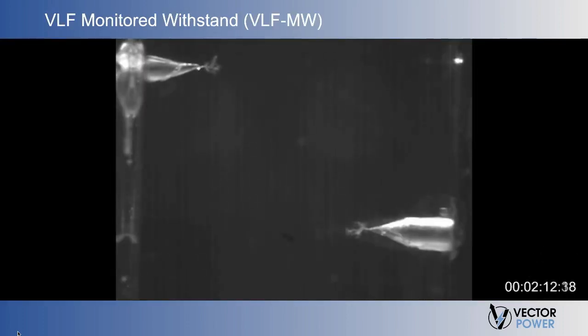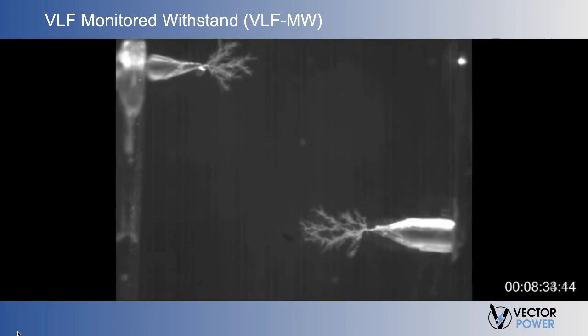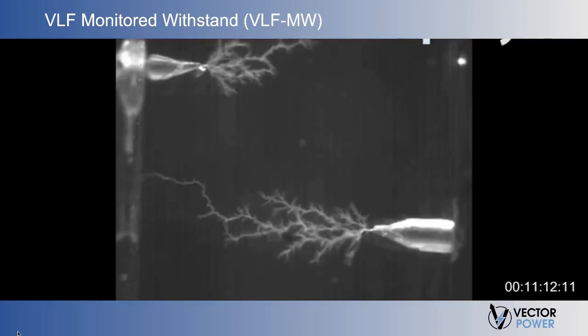Now that we have a better understanding of tan delta testing and the diagnostic value that it offers, let's look at how tan delta could actually improve a standard VLF high potential or withstand test. Now, a monitored withstand is performed by monitoring the tan delta, or you can also do this with partial discharge, but here we'll focus on tan delta, where we are going to monitor the tan delta values during the duration of the withstand time period.